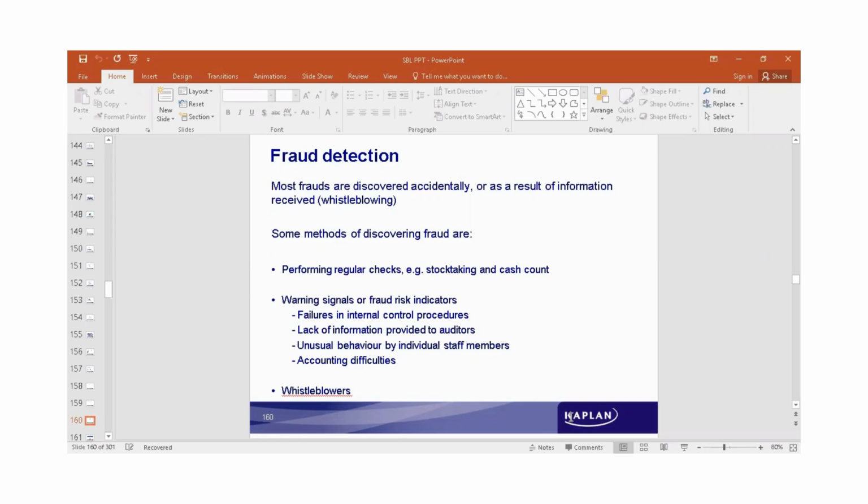Warning signals or fraud risk indicators. When there are signals about fraud happening in the organization, how would they know? If there are failures in internal control procedures, or lack of information provided to auditors. Auditors give a fair view about the financial statements, so they have to be provided with some evidence about the transactions recorded in the financial statements.